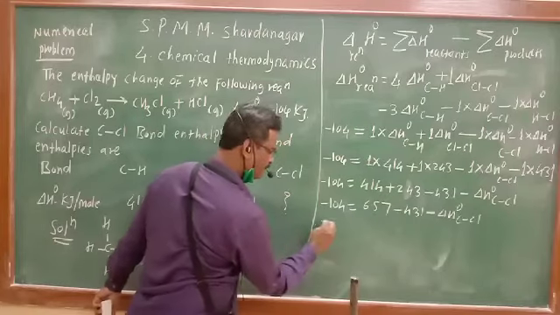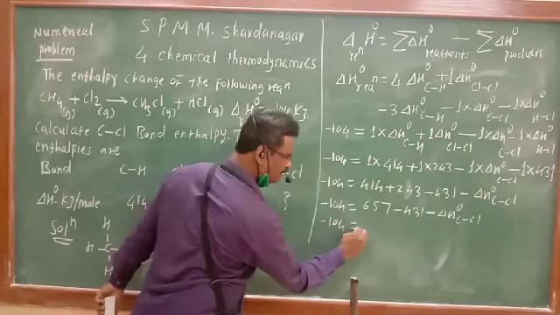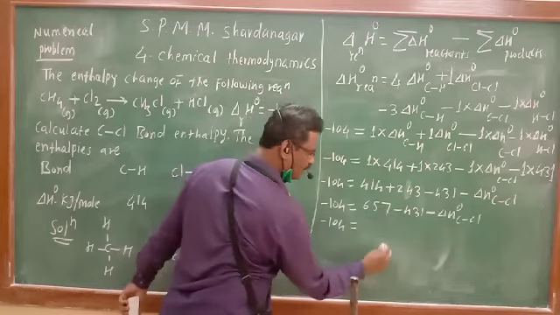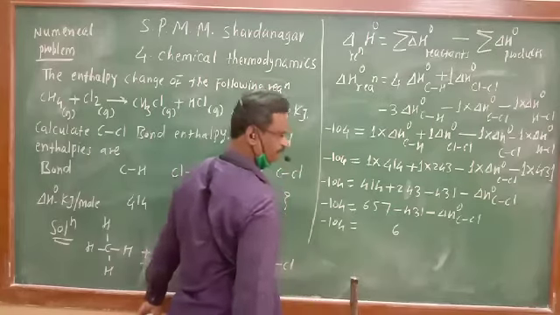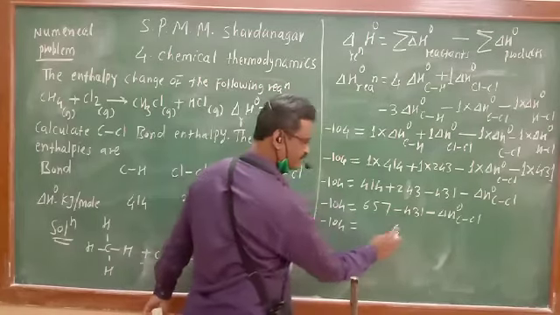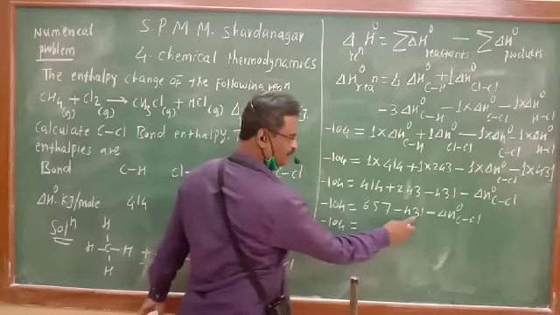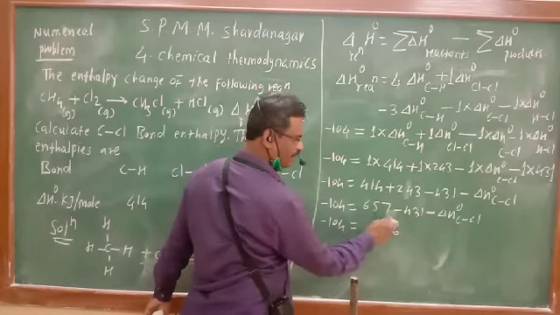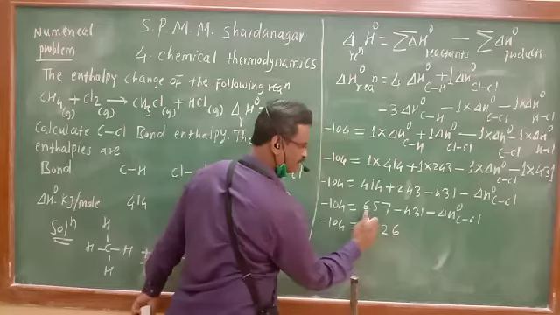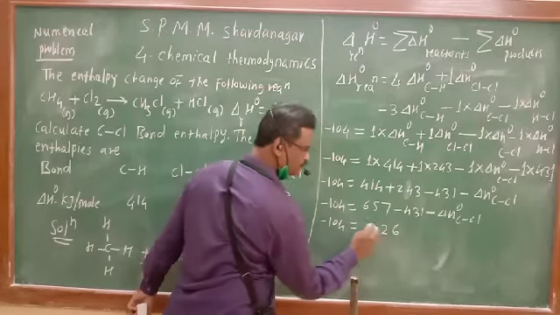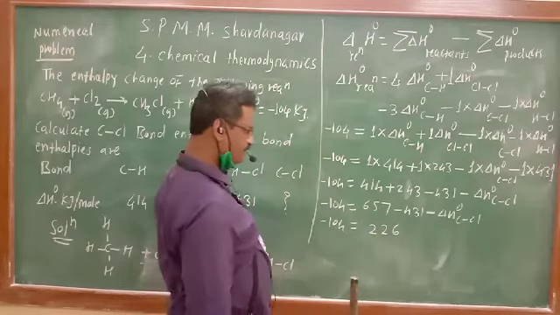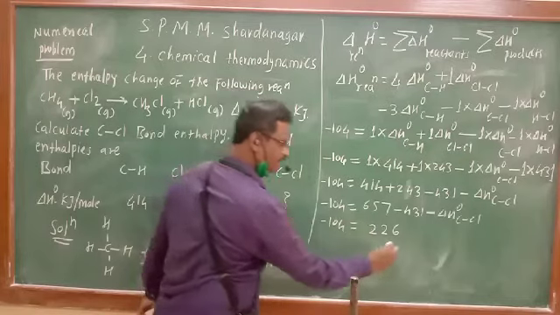Solve this now. Minus 104 is equal to 7 minus 1, 6, plus sign. Then 5 minus 3, this is 2. 6 minus 4, this is also 2. So 226. Now this is taken on the left side, minus delta H naught of CCl.